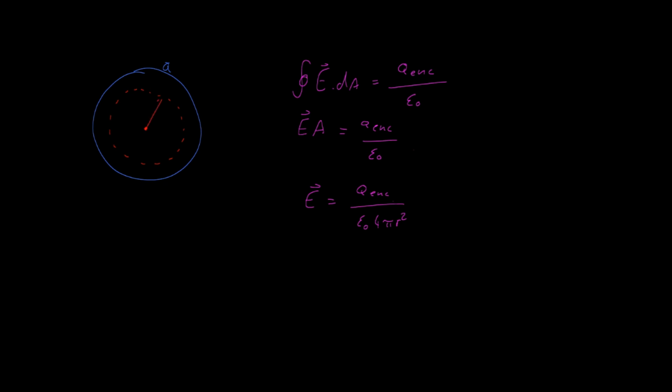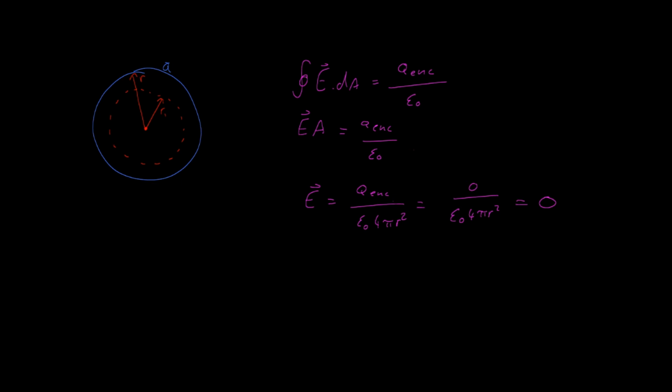If we call this radius 1, we find there's no charge inside our Gaussian surface inside the red one, so there's no charge enclosed, which means we get the electric field being equal to 0 over epsilon naught 4 pi r squared, which means our electric field equals 0.